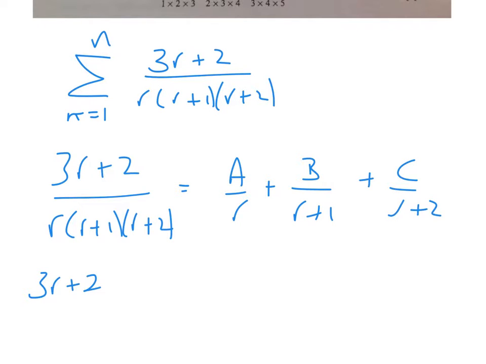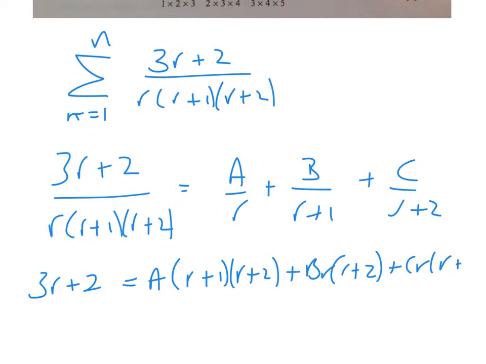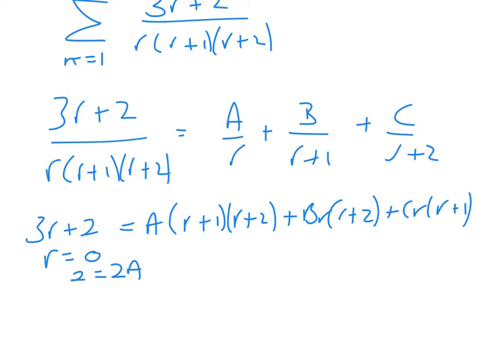So 3r + 2 has to equal A(r + 1)(r + 2) + B·r(r + 2) + C·r(r + 1). If r equals 0, then 2 equals 2A, so that tells me that A is 1.